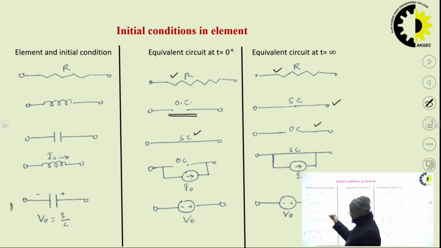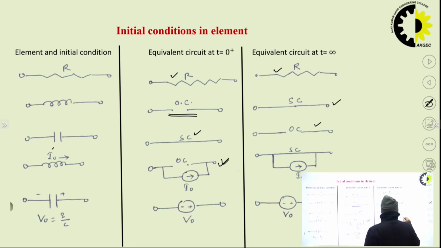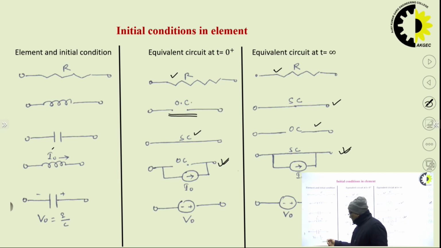If these circuit elements, inductor and capacitor, have some initial values, the equivalents at t equal to 0 change. If an inductor has the initial current I0, this is the equivalent circuit at t equal to 0 plus, and this is the equivalent of the inductor at t equal to infinity. Similarly, for a capacitor having the initial charge Q or initial voltage V0, this is its equivalent circuit at t equal to 0, and this is the equivalent at t equal to infinity.